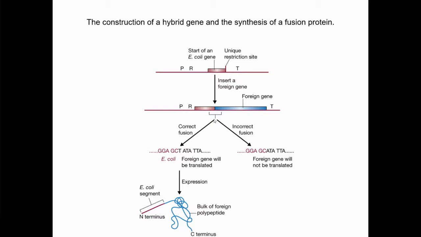When you clone a fusion protein, you have to be extremely careful, because when they produce the hybrid, you can change the open reading frame. Once you change the open reading frame, the protein will be different from your originally expected protein.